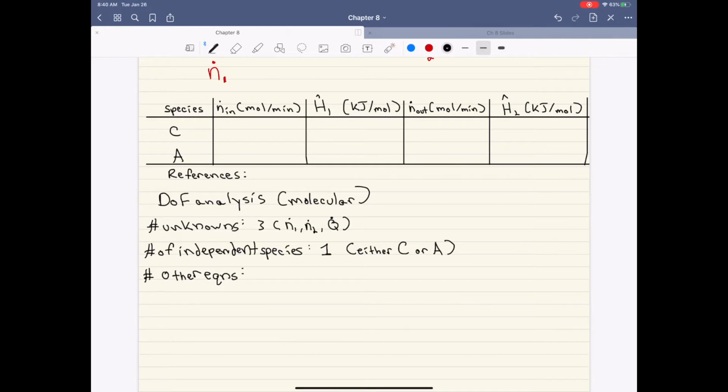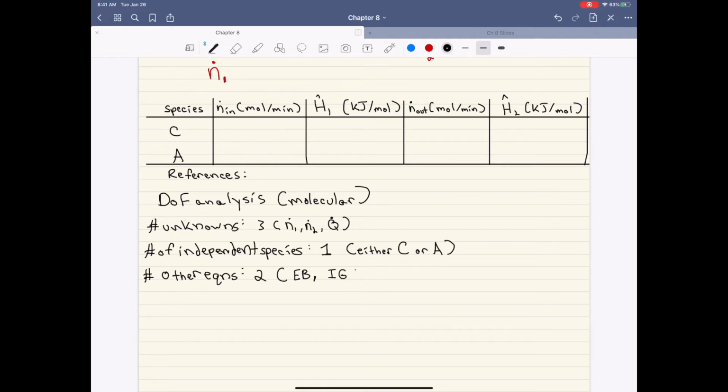All right. As far as other equations, in order to balance out our degrees of freedom, we need two other things. One of them is one that we're always going to have from now on, that energy balance. So that's one equation we could use. The other thing we could use, if we're given a volumetric flow rate and we want a molar flow rate, is the ideal gas law.